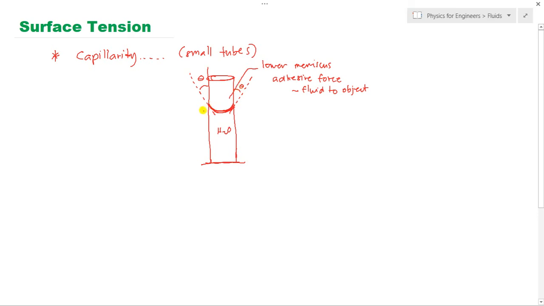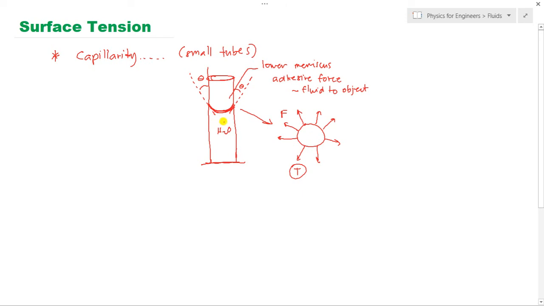So since there is an effect of surface tension, we will represent it, class. It is circular, so meaning at every edge, it exerts a force, right? It exerts a force F. And of course the surface tension exerted is T. Now we will find the surface tension in this capillarity tube.